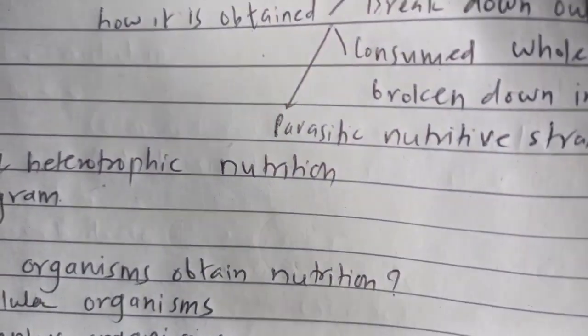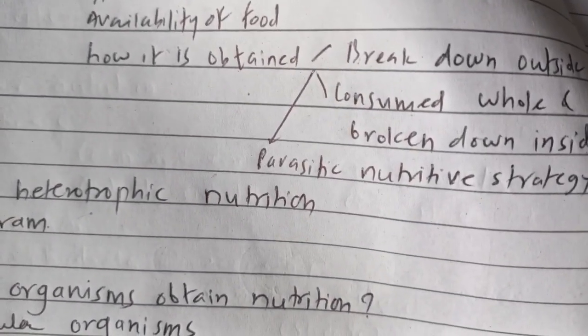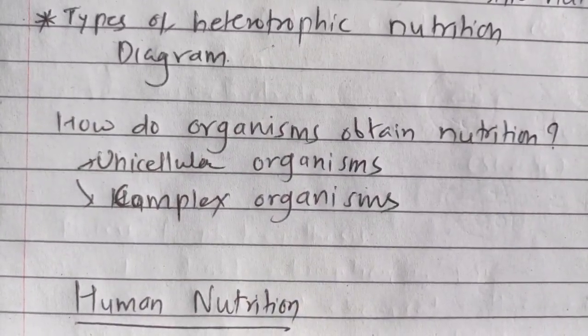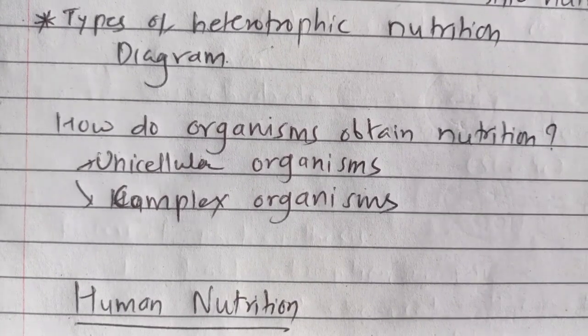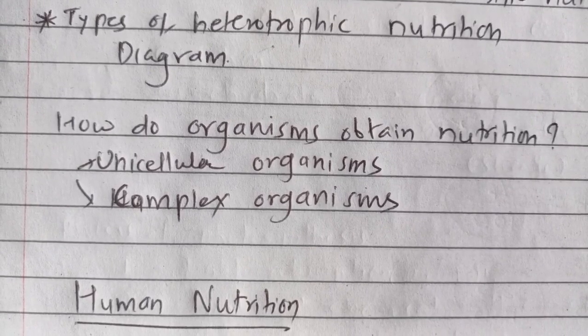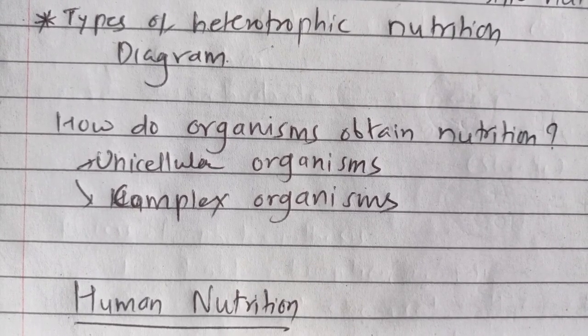Now, how do the organisms obtain their nutrition? Let's go into a little more detail. Unicellular organisms differ in the way they take nutrition from the external surface, and the digestive systems are different in different organisms based on how they take the food.